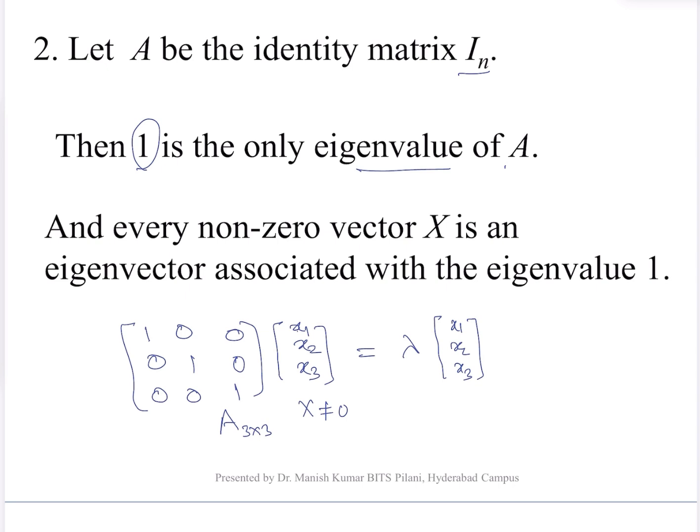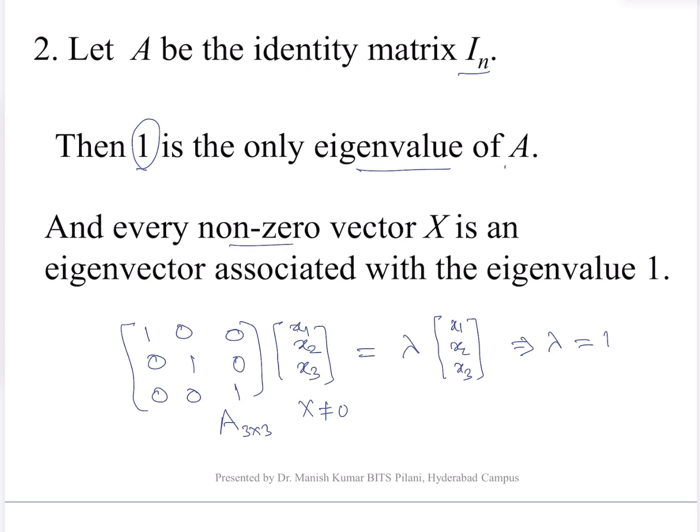So the first element will be 1, and then again for the second element, 0, second gets multiplied by 1, and so you get a column vector like lambda times x. What is the possibility in that case? Lambda is only 1, right?